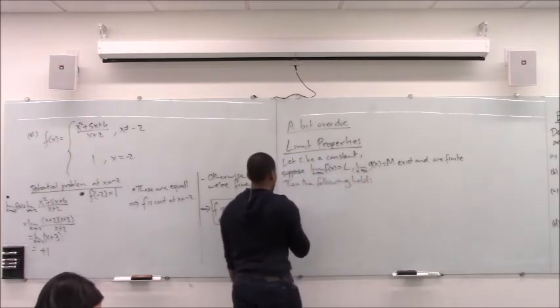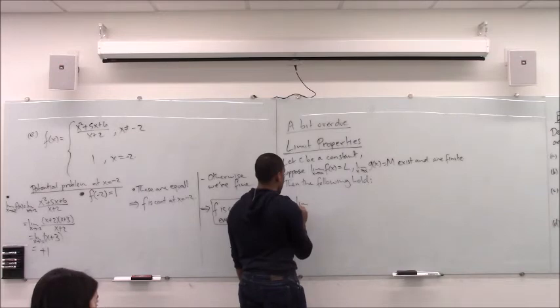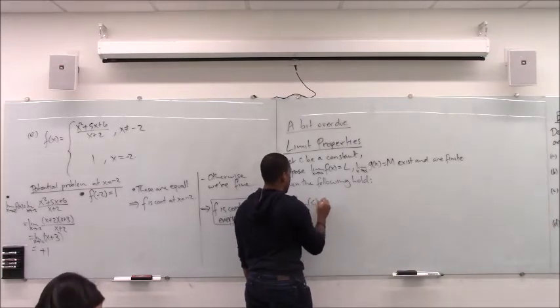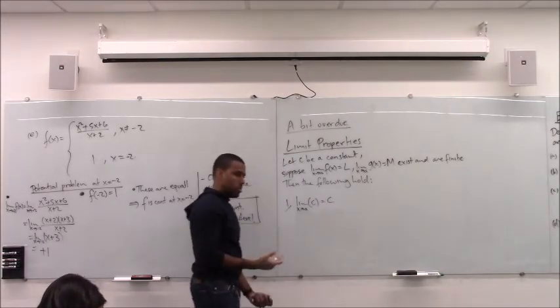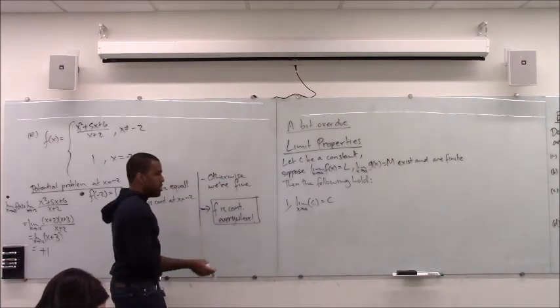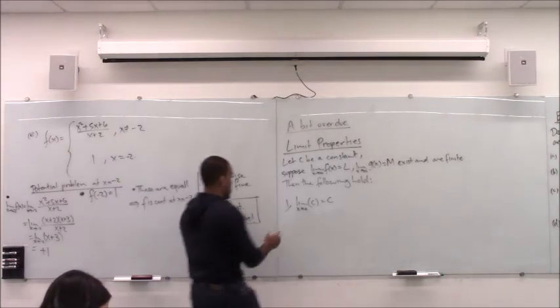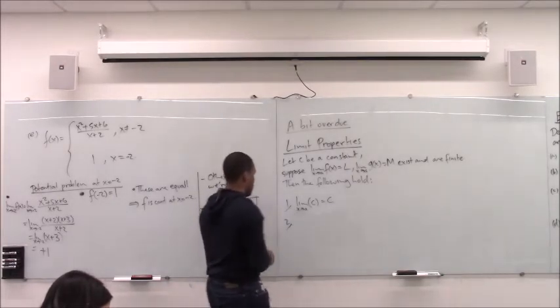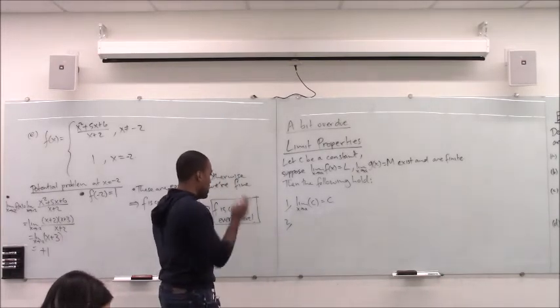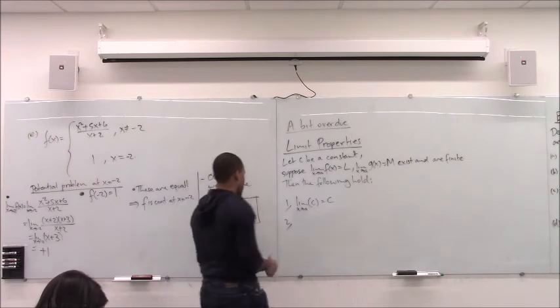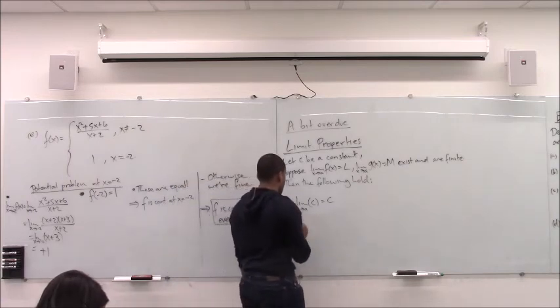The algebraic rules of the game. If you're taking a limit of a constant, it's just the constant. You already have to think about it, right? The limit as x approaches 7 of 3 is 3. We actually did that before, and it was pretty easy to come to that conclusion, but you should know that explicitly.